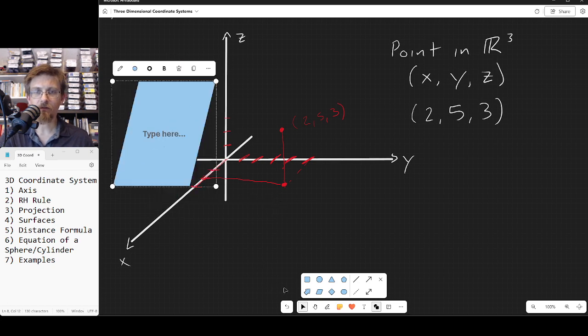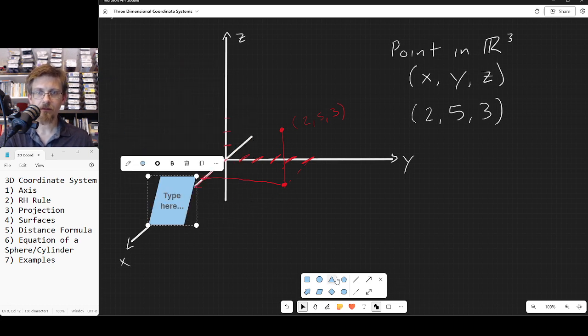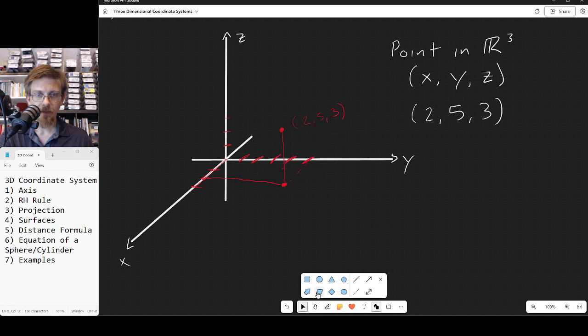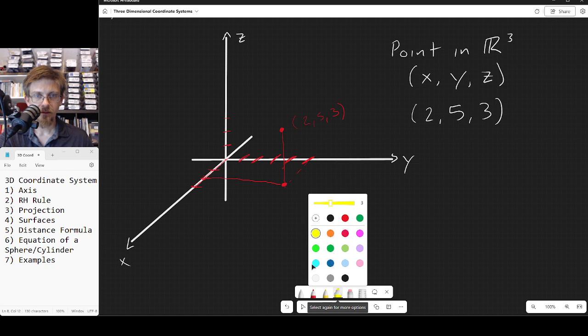I'll just free-form it here. Okay, so we've got this coordinate plane here.